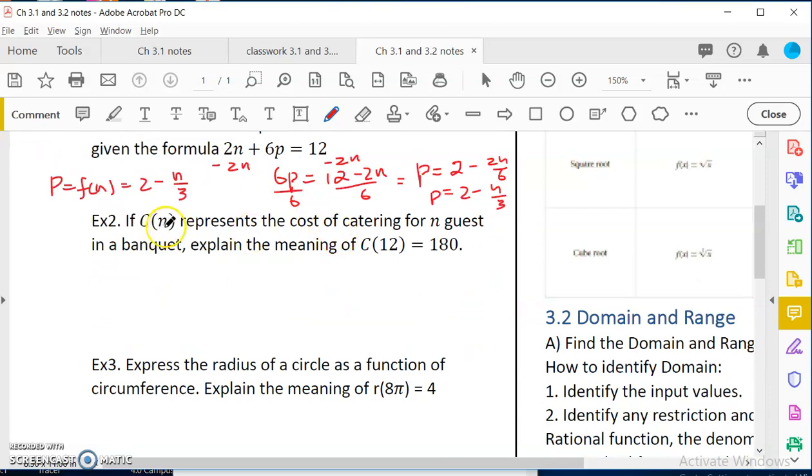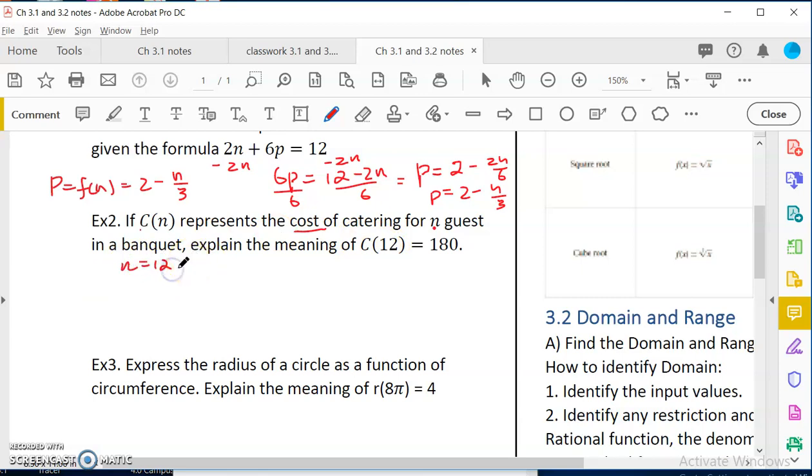So someone has a function C of n. It represents the cost of catering for n guests. That means you plug in the number of guests and you will use this function to give you the cost. So what's the meaning of C of 12 equal to 180? Okay, remember, n is the number of guests. C of n is this function notation representing the cost of catering for n guests.